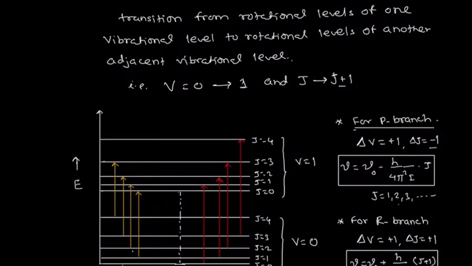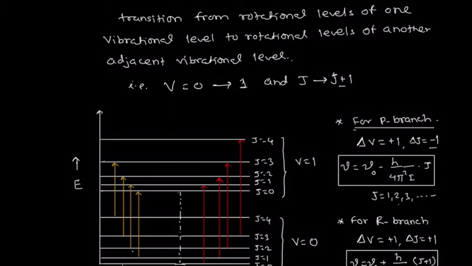Here we draw the energy level diagram for vibrational rotation spectra. And we know the transition from different rotational levels of one vibrational level to the rotational levels of another adjacent vibrational level can occur. That means the transition occurs from V equal to 0 to V equal to 1.